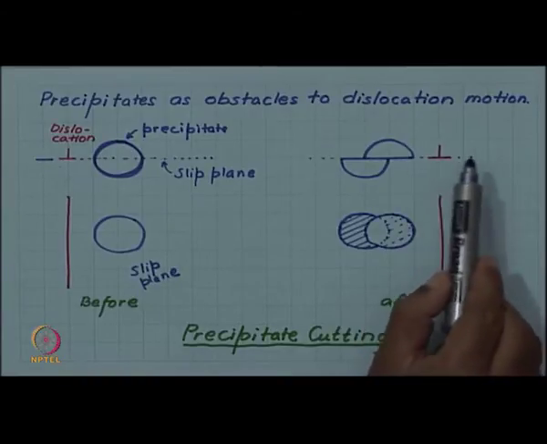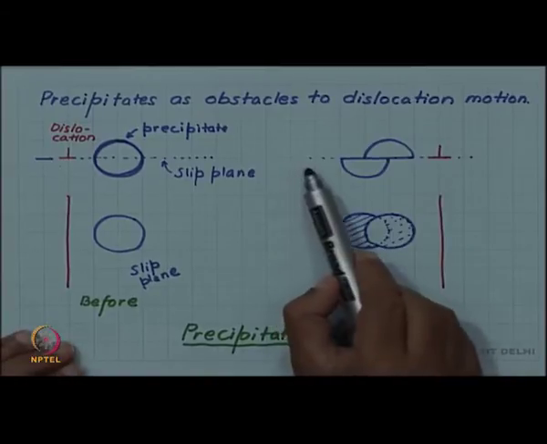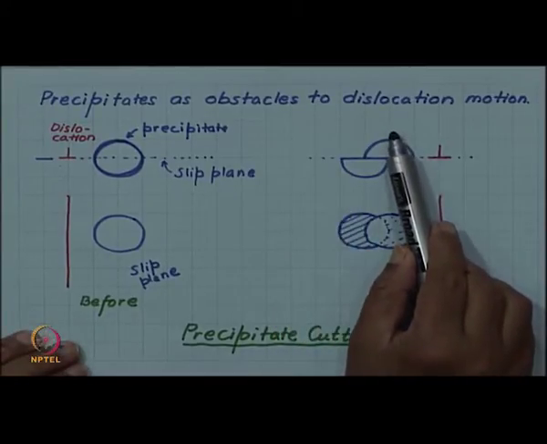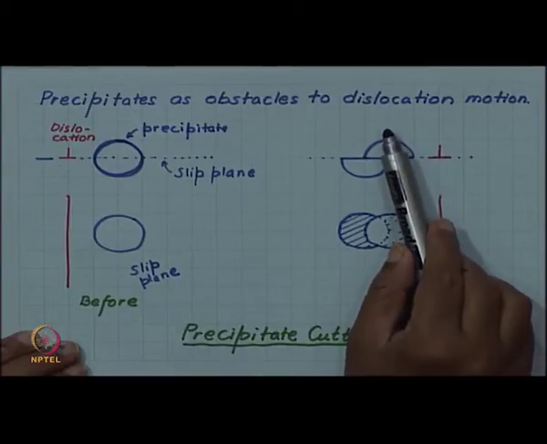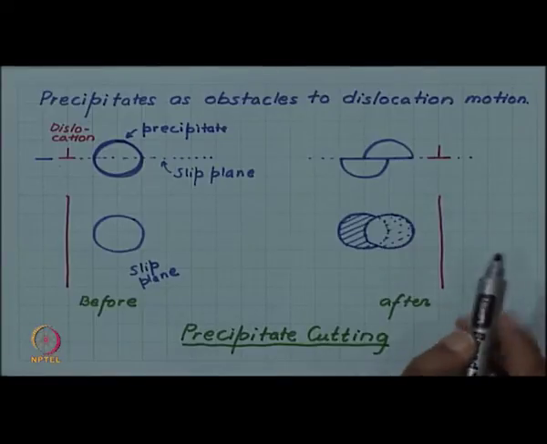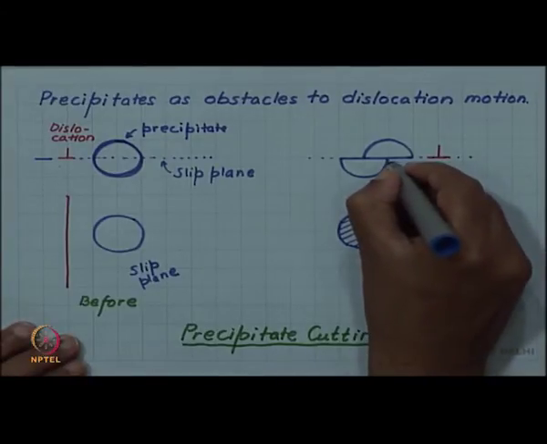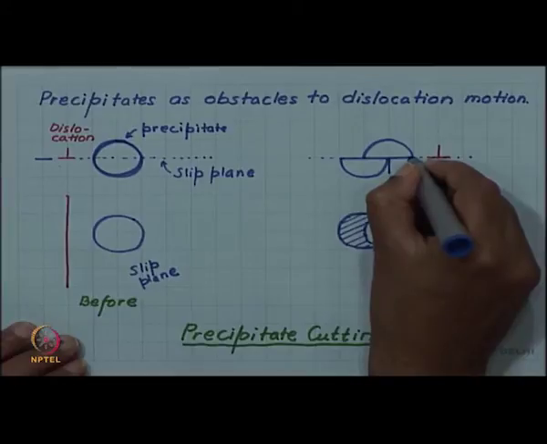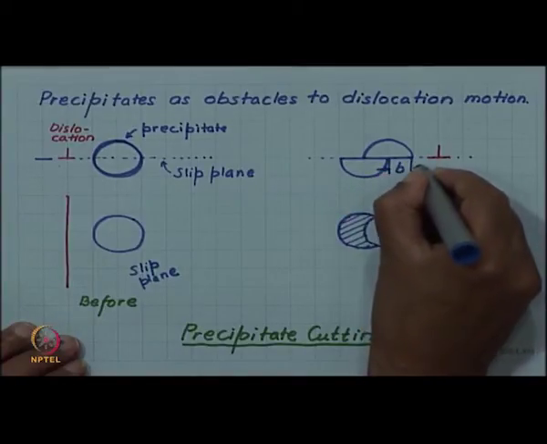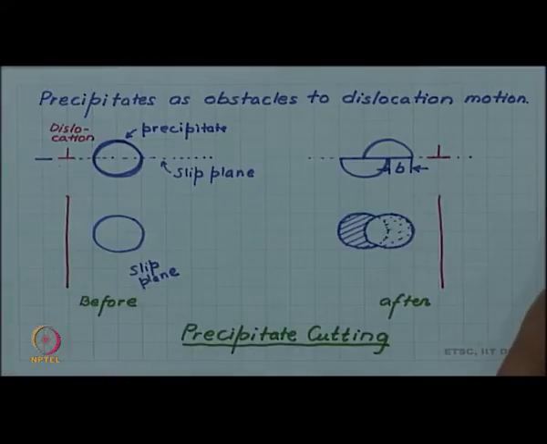But then recall that if a dislocation line moves through any region, one side of the slip plane slips with respect to the other side by a Burgers vector. So, a Burgers vector slip will be there, equal to the Burgers vector due to the movement of dislocation.